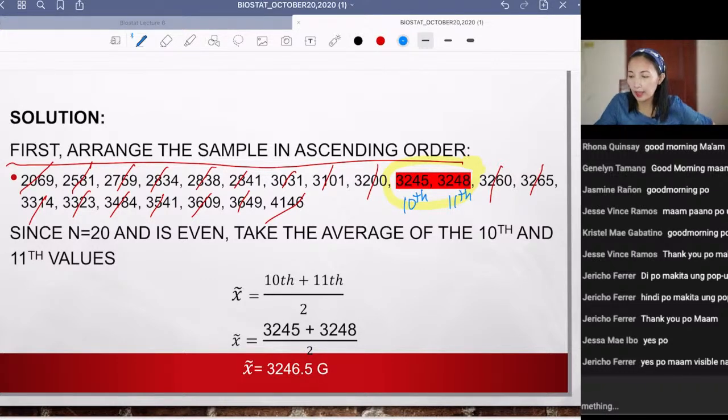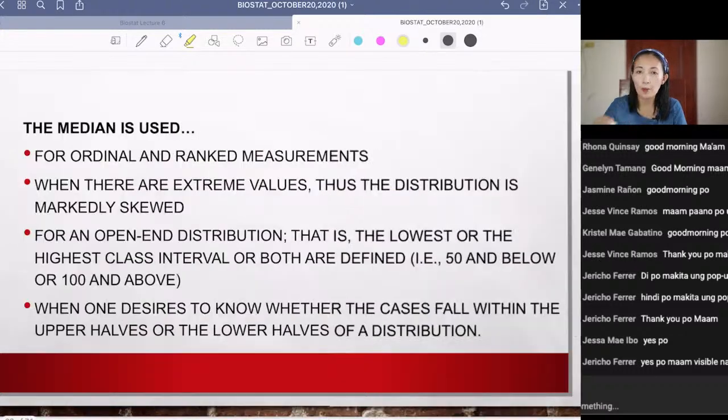So, get 3,245 plus 3,248 divided by 2, and that gives our median, which is 3,246.5 grams.